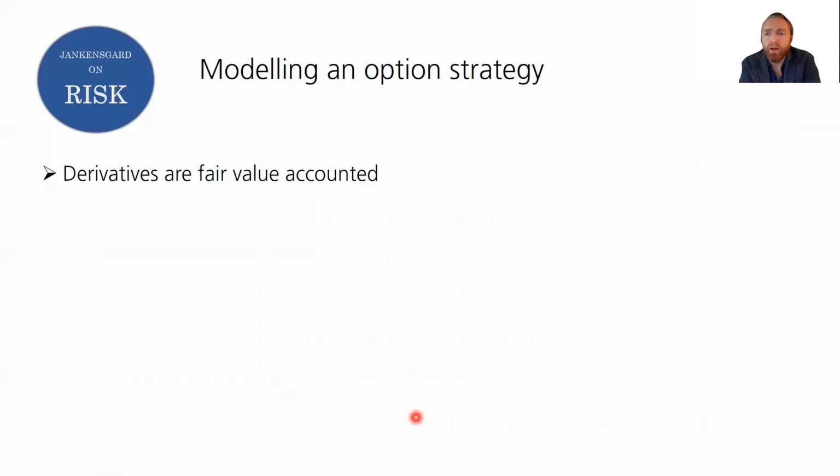But then we have this fact that derivatives are supposed to be fair value accounted, right? And that goes for options as well. So we have to find a way to have the model reflect estimated fair values at future points in time because we're forecasting these financials.